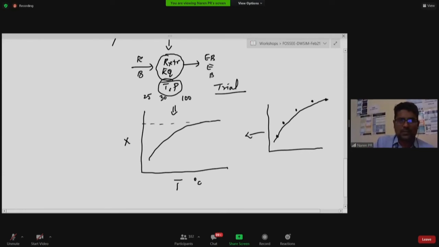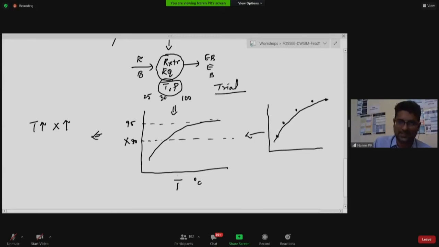Let us assume that this value is something around 95, and let's say that this value is something like 80. Some numbers. Understand from this. What do you understand from this? One is, as temperature increases, your conversion is increasing for this graph.